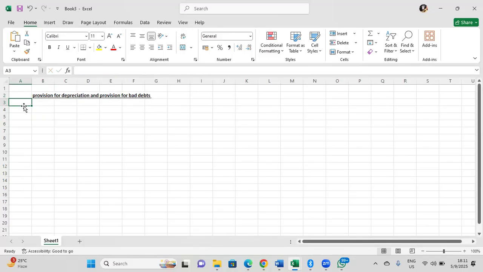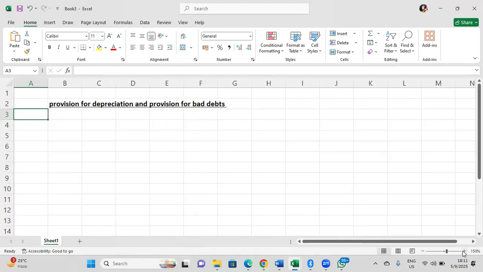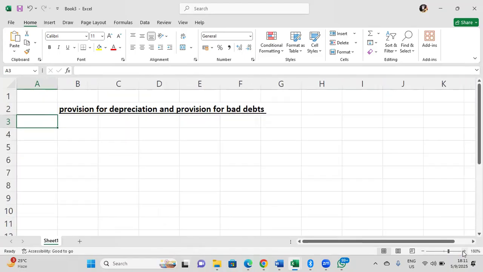Before we get into detail with these, if we are talking about depreciation, what is depreciation? The first thing is to understand what we mean by depreciation.